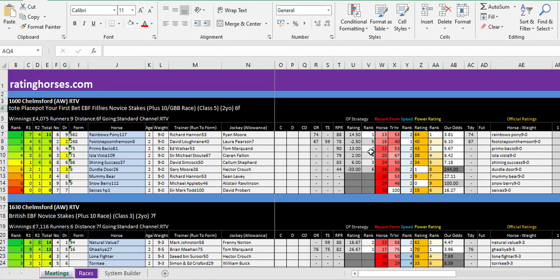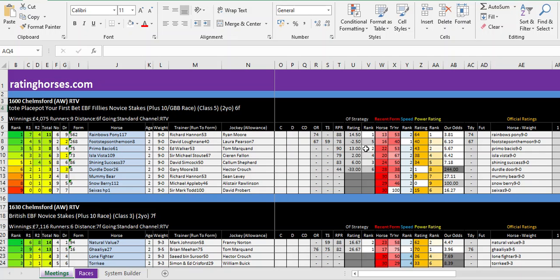The second ranked horse is Primo Bacchio, I hope I pronounced that right, with a score of 13. Now, the OF strategy is an algorithm, and the algorithm works using the official figures and a little bit more data, which I won't bore you with. All the data is put into software and it spits out a rating, and there we have it.